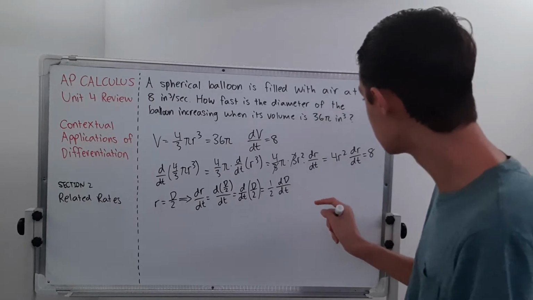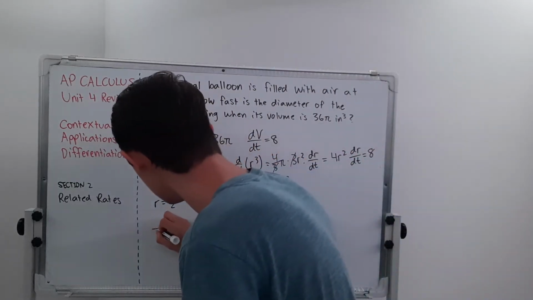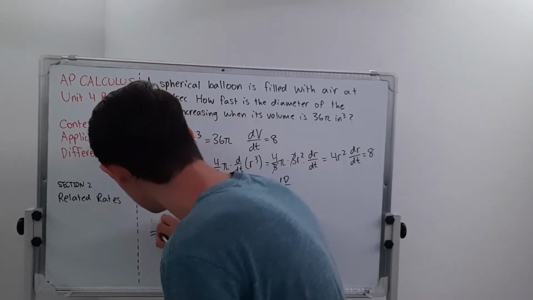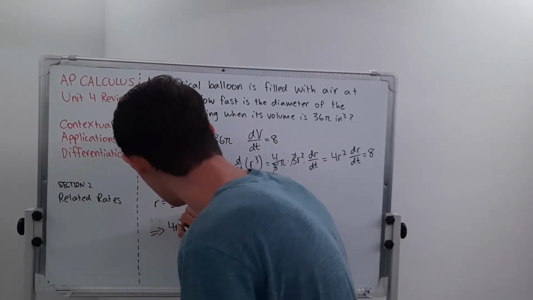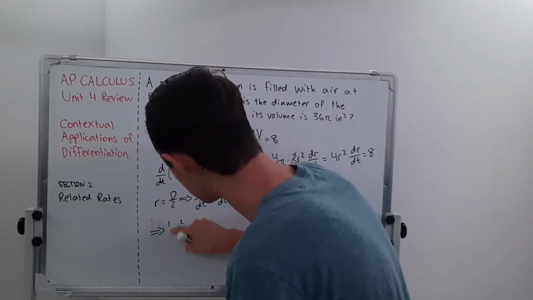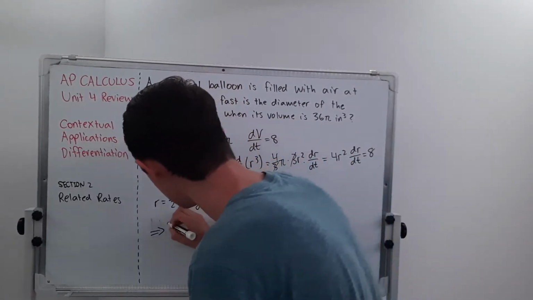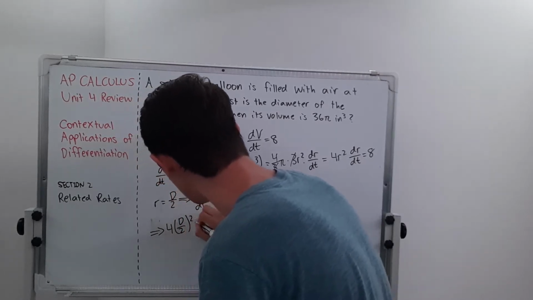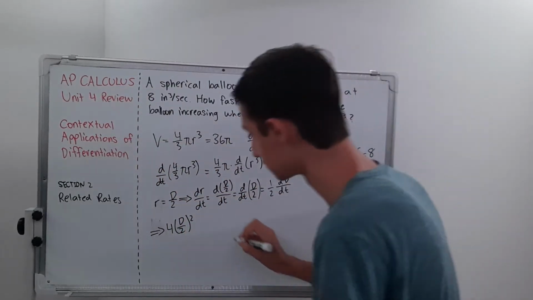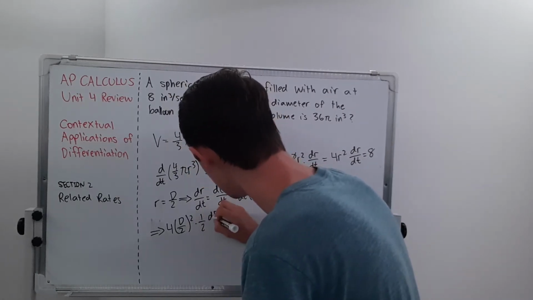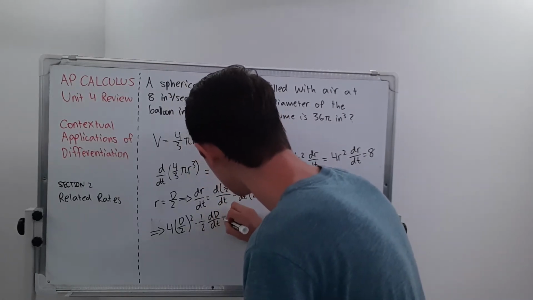So we can say that this gives us the implication that 4 times r squared, actually 4 times r over 2 squared, or D over 2 squared, times 1/2 dD over dt equals 8.